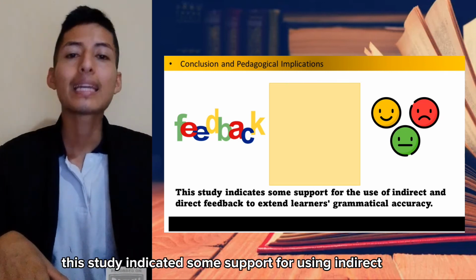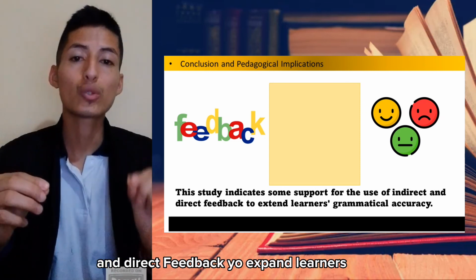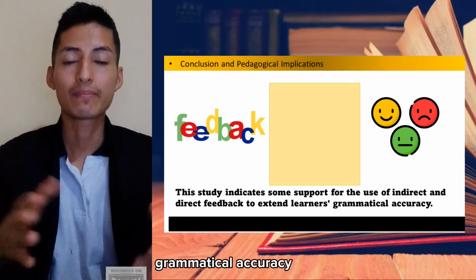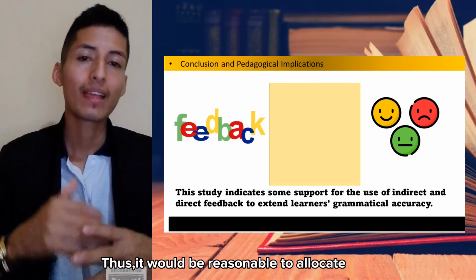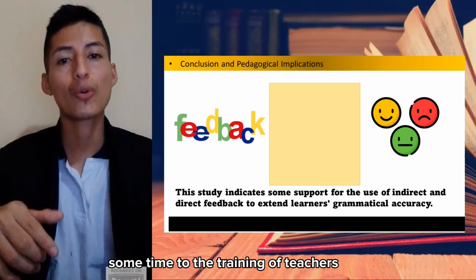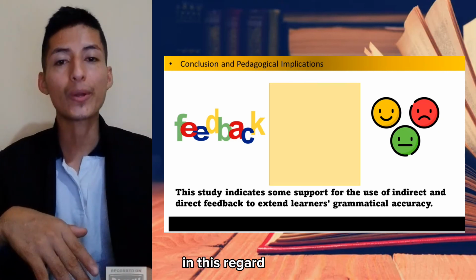This study indicated some support for using indirect and direct feedback to expand learners' grammatical accuracy. Thus, it would be reasonable to allocate some time to the training of teachers in this regard.